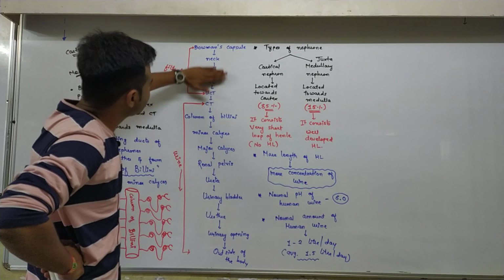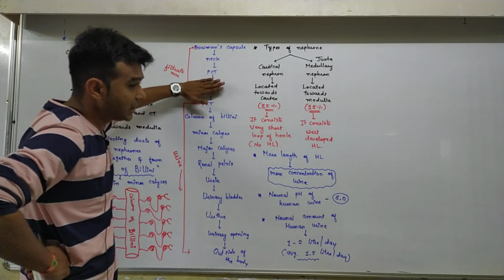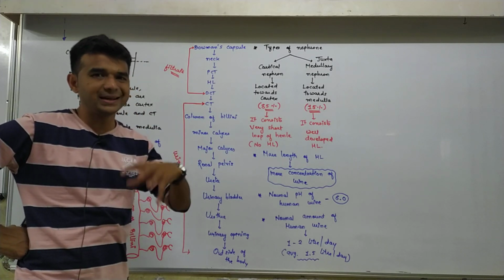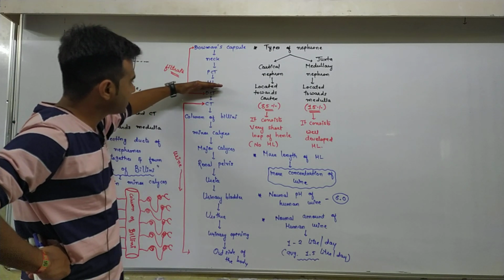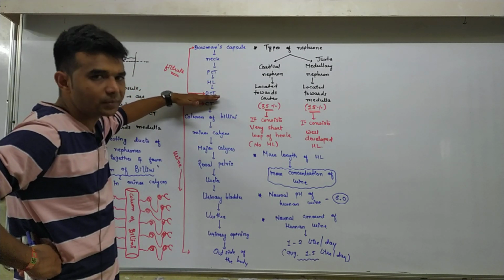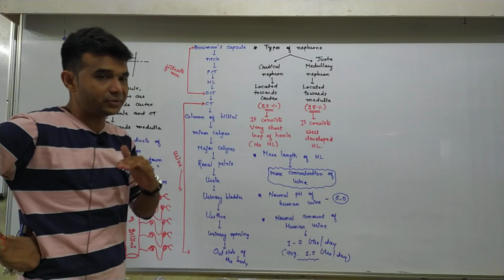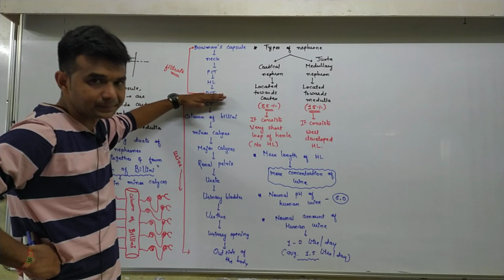Here in these regions, so many changes occur in the filtrate, both in concentration and composition. Afterwards, after the DCT, urine is formed.